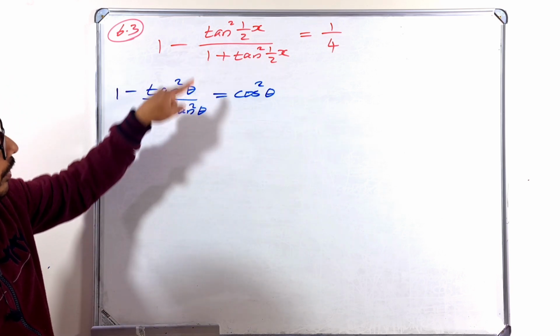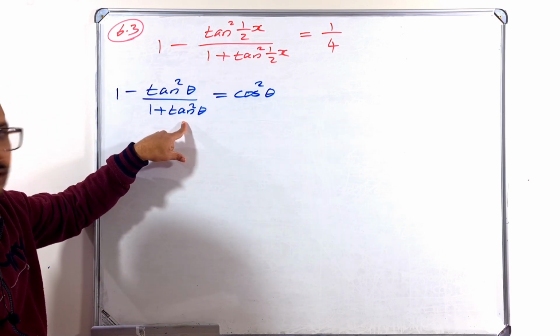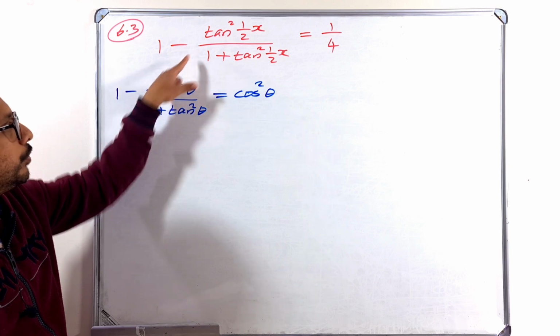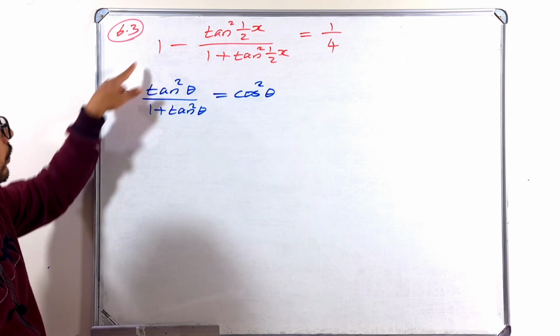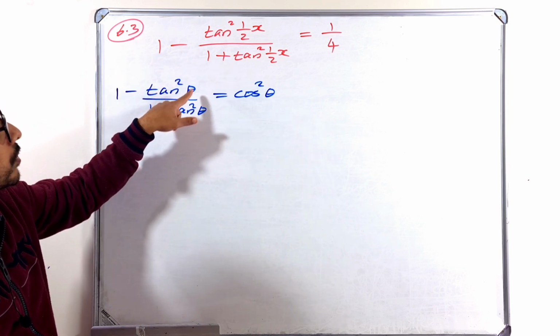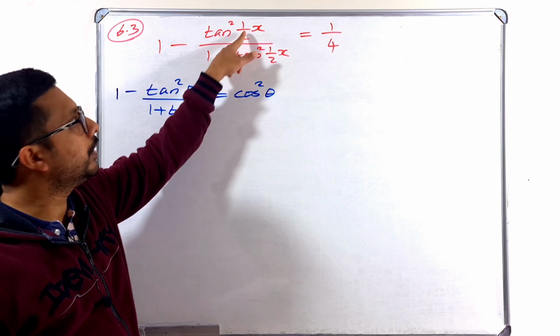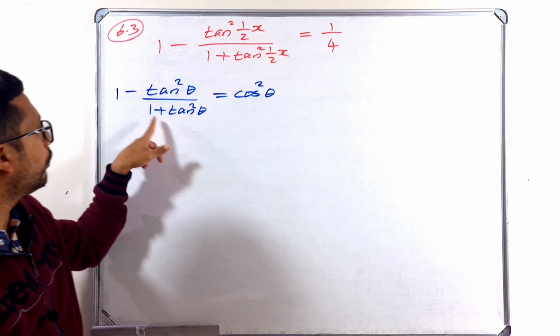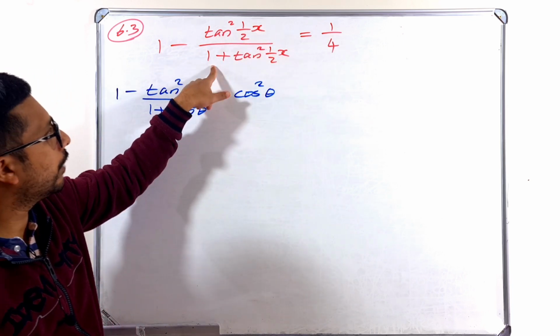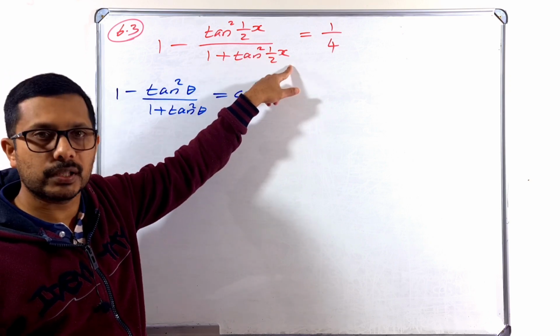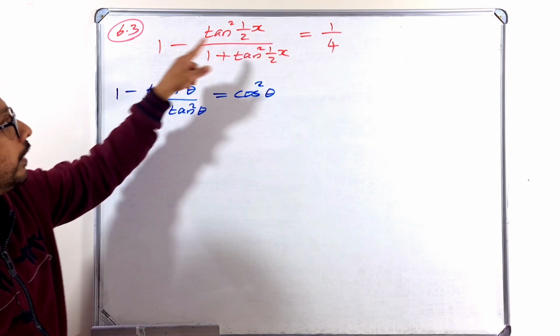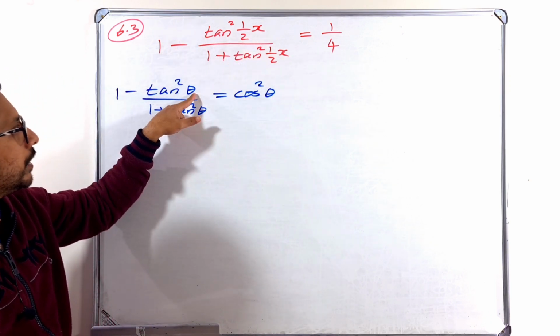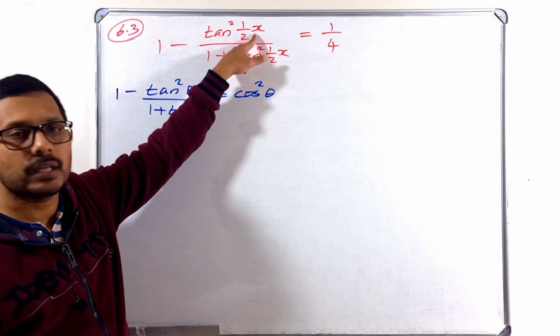Look at this equation and the previous one. What is the difference between these two? The 1 minus is the same, then tan squared theta, but here it is half x. The only difference is that instead of theta, they wrote half x.